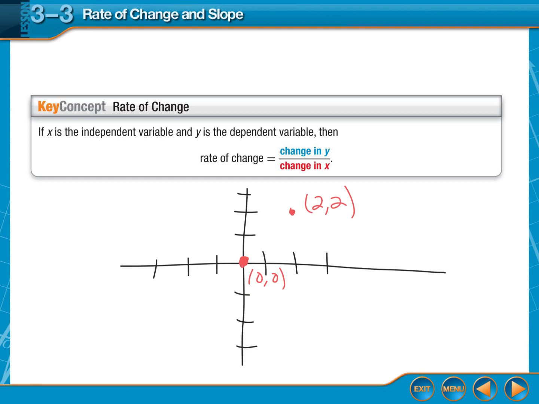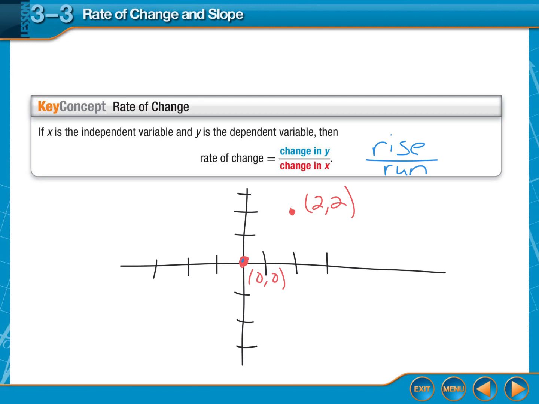So, rise over run. Rise, we're going up or down, so that's the y-axis. Run, we're going horizontal, that's the x-axis. So, what is my rise? How many points am I rising?